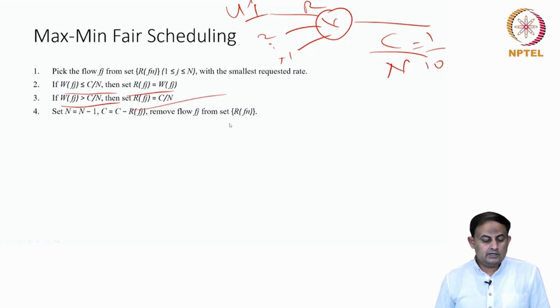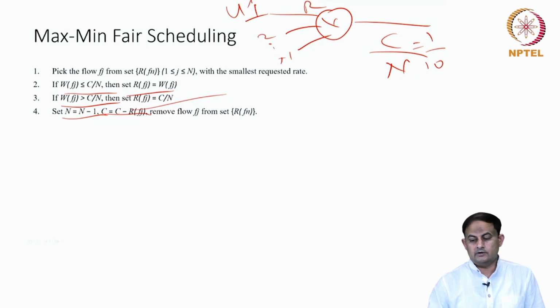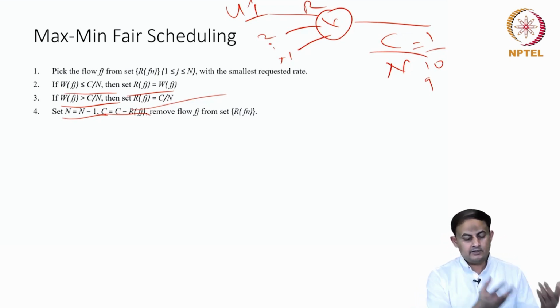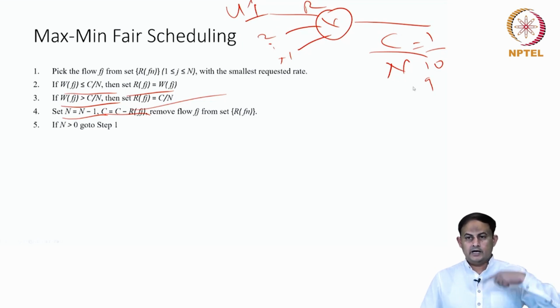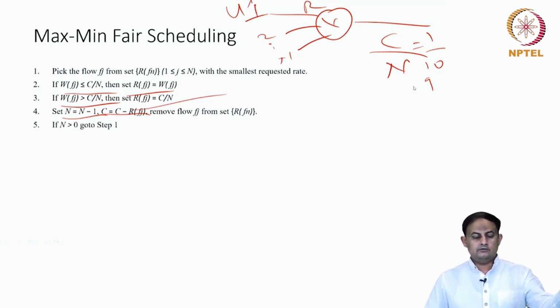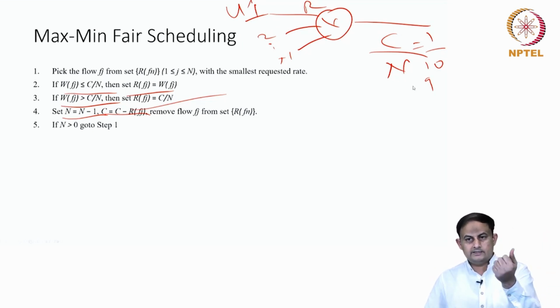And then once you do the allocation, you update the number of users that are transmitting and the capacity that is available. Once you do one allocation, the number of users would be reduced to 9 and the capacity will be appropriately reduced by whatever allocation you have done. So, that is how you iterate: you take one user and ask what he is asking for.